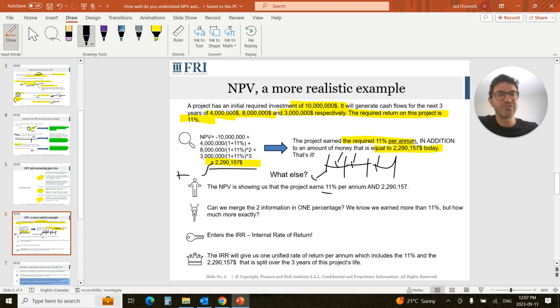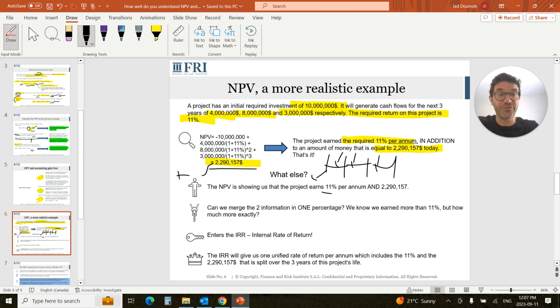There's a problem in this interpretation because we are combining a percentage return with a dollar return, right? You would, I'm sure, want to know how much exactly did the project earn in percentage. It is already excellent to know how to interpret an NPV and say, yes, I know that this project earned the 11% that is required of it, plus an amount of money that is worth today 2.29 million.